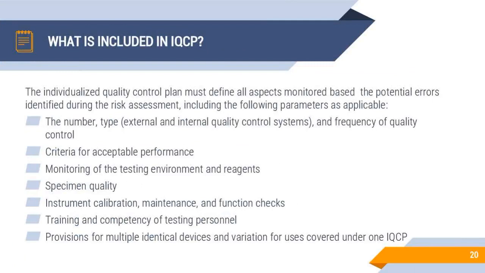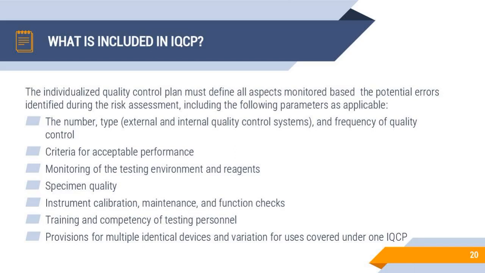So what should be included in the IQCP or quality control plan? The number, type, and frequency of quality control. It should include acceptable criteria for the quality control, monitoring of environment and reagents, which are components of the risk assessment, and specimen quality, in regard to whether it is hemolyzed, clotted, labeling and storage, which is specimen integrity.